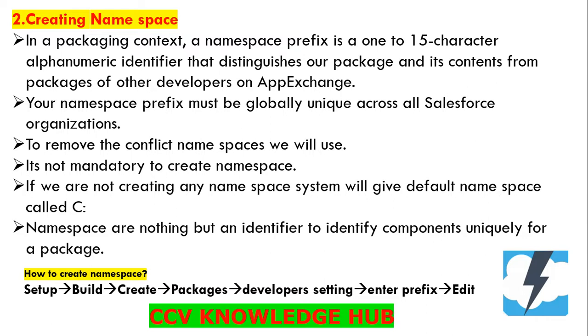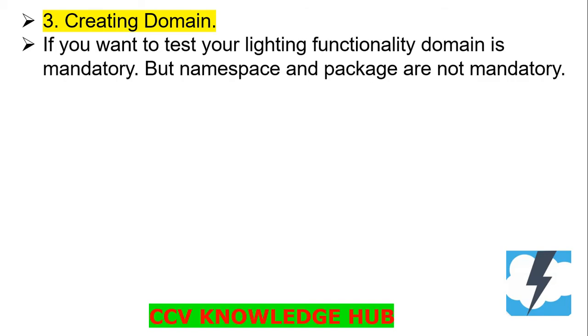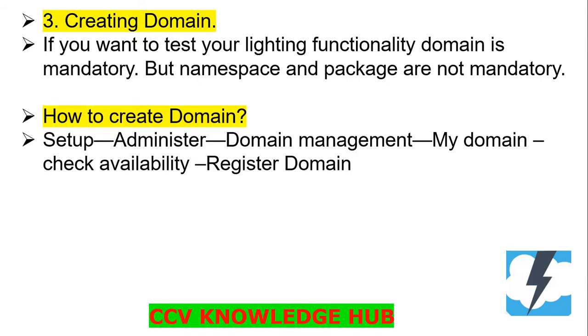Now we'll move to the third property, creating domains. So what is a domain here? If you want to test your lightning functionality, a domain is mandatory, but the namespace and packages are not mandatory. That is the important point you have to remember. And how do you create a domain?